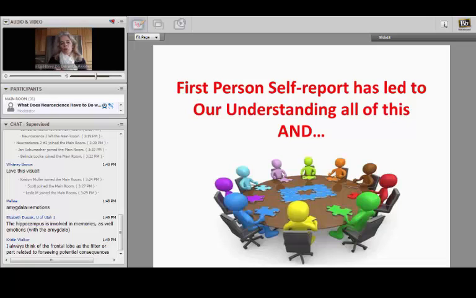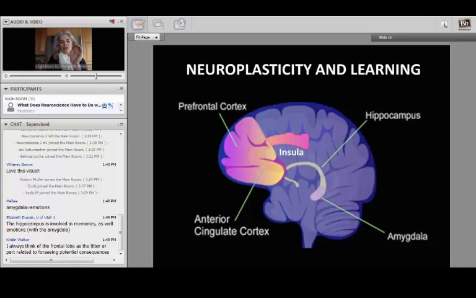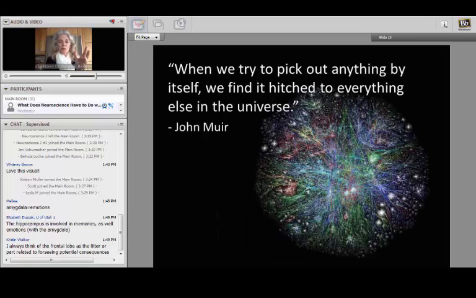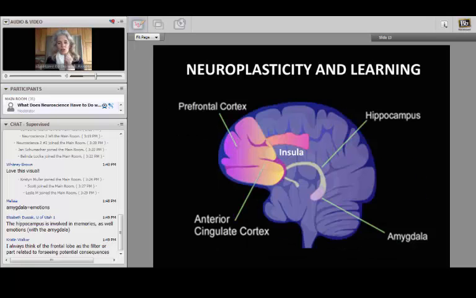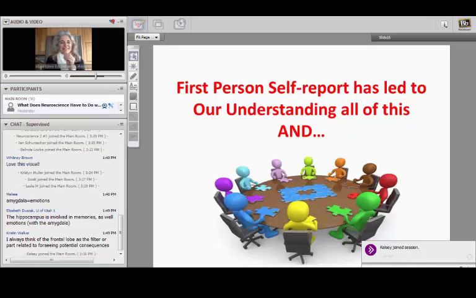But what I think is really important to note when we move toward assessment is that the reason we know that these parts of the brain are malleable is, yes, it has to do with having brains in scanners and going through particular activities and seeing what changes over a period of time and what doesn't. But it also has to do with first-person self-report.